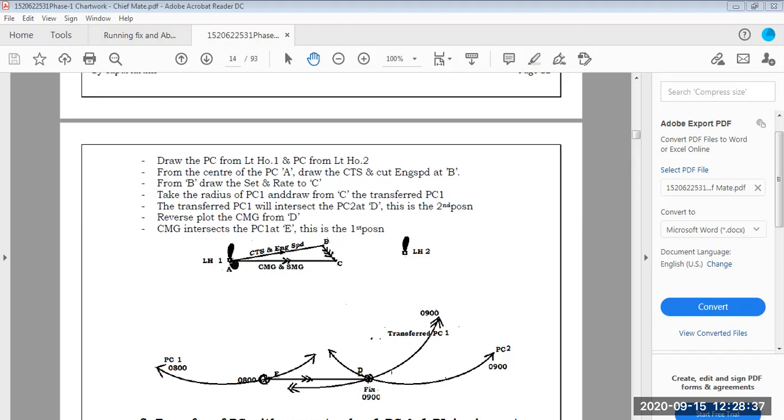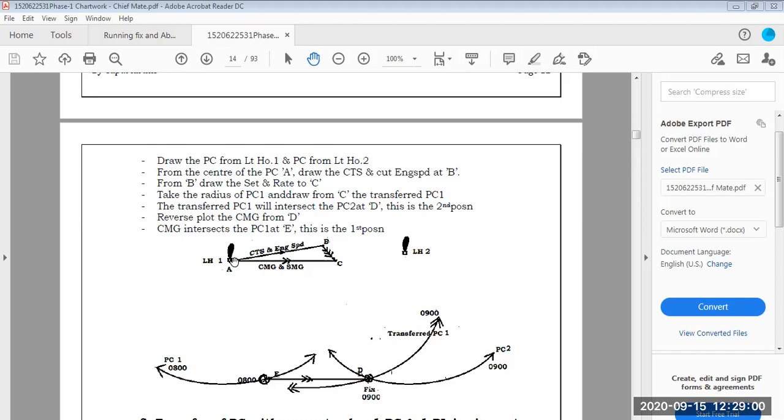So what we do, we take the lighthouse only, because the PL is from the lighthouse to any point. So even your lighthouse can be one position. Whenever you are given two position circles, we assume the lighthouse and we draw the course to steer from the lighthouse.